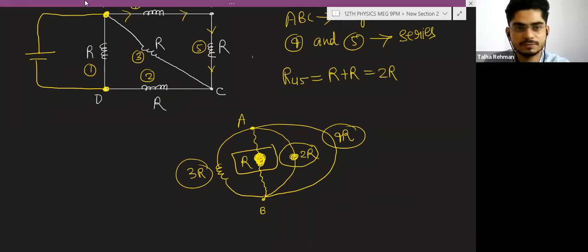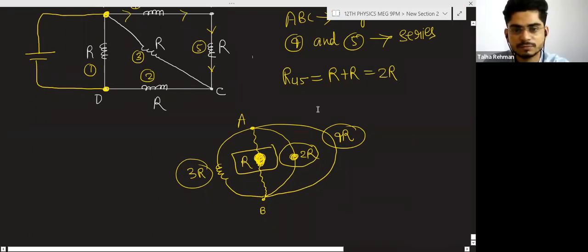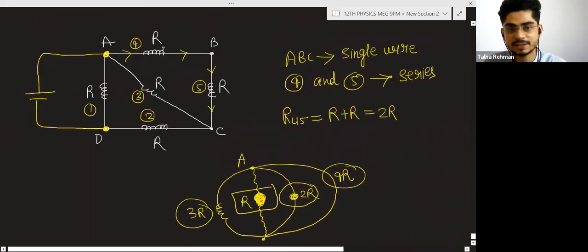Very good point, Hamza. It means you have to consider this resistance also. These resistances are also in between A and B, which means they are connected.